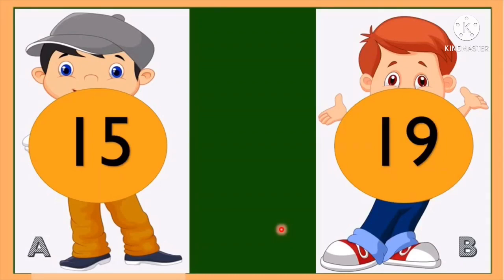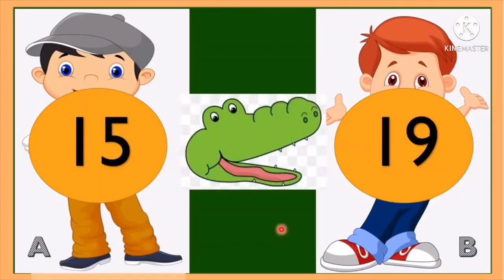Is it 15 or 19? Yes, 19. So we will face the right side. If we are facing the right side, what is that symbol? Very good. It is less than. In a sentence, we can say 15 is less than 19. Did you get it? Very good.